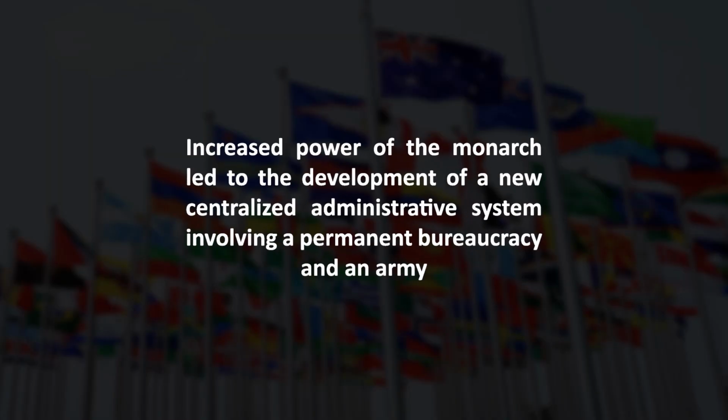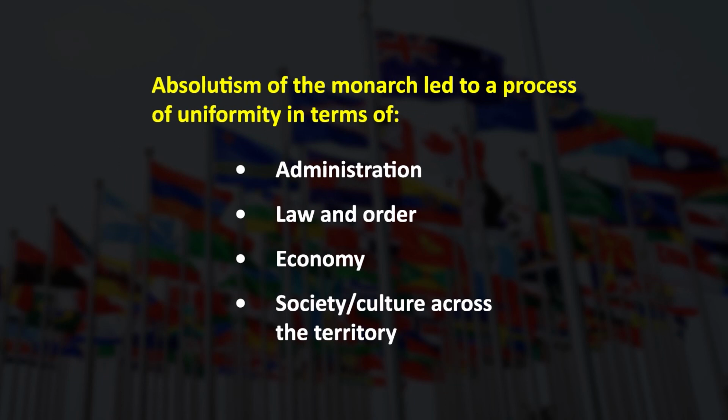The increased power of monarch led to the development of a newly centralized administrative system involving a permanent bureaucracy and an army. Hence, absolutism of the monarch led to a process of uniformity in terms of administration, law and order, economy and society across the territory.